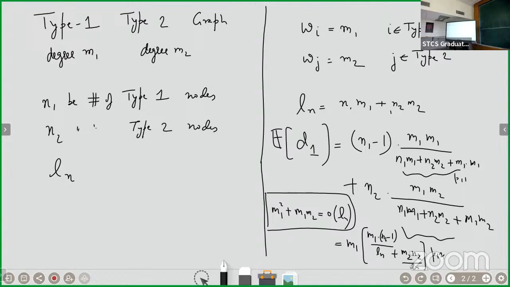Power law means heavy tailed. Just always remember x to the minus alpha. So the probability that degree is equal to k is proportional to k to the minus alpha, with alpha greater than 1.